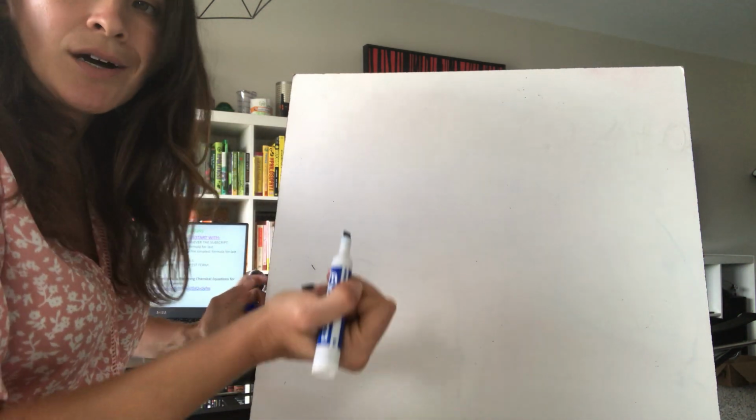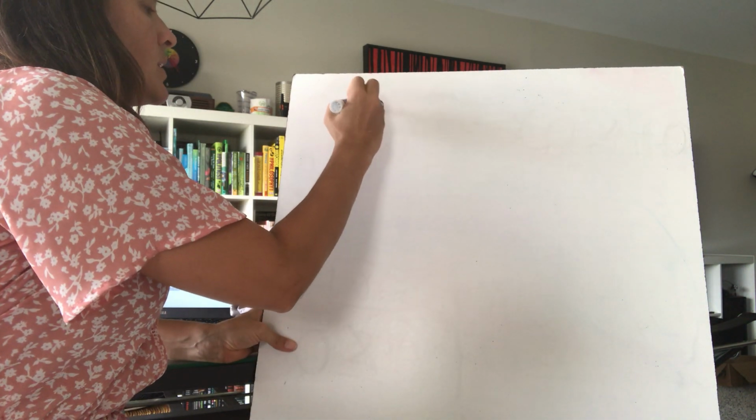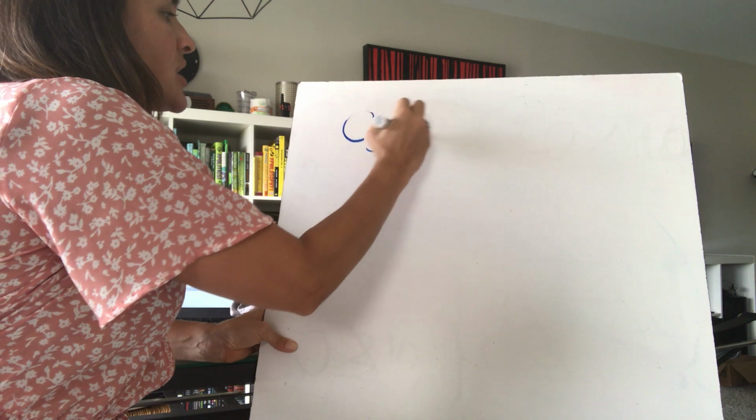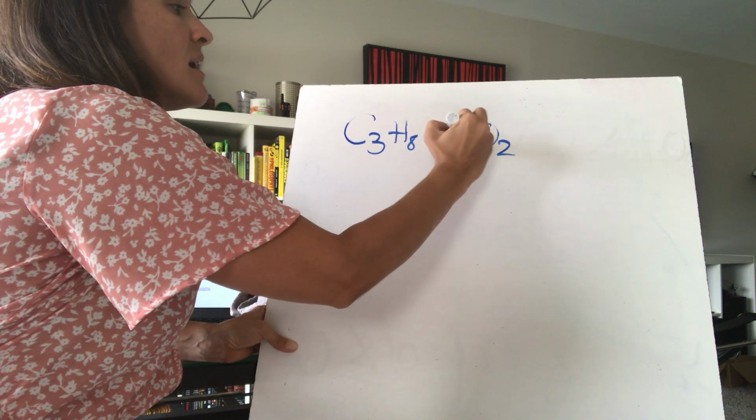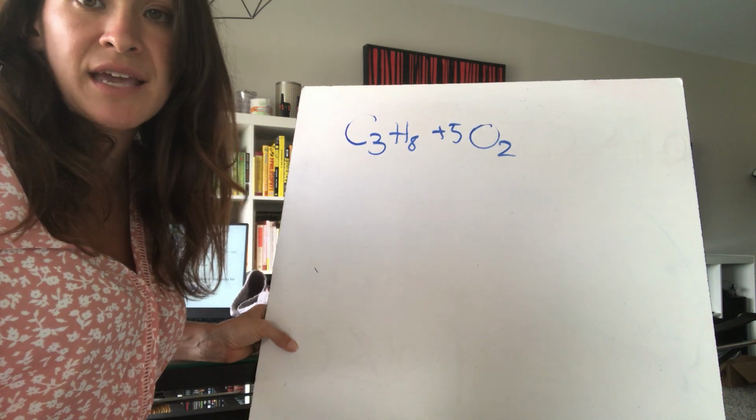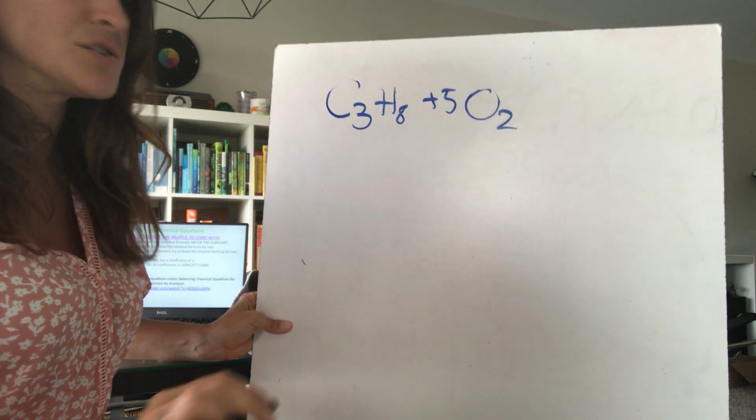So in the last reaction, for instance, we had C3H8 plus O2, and we had ended up putting a 5 in front of it in order to get 10 of those oxygens.